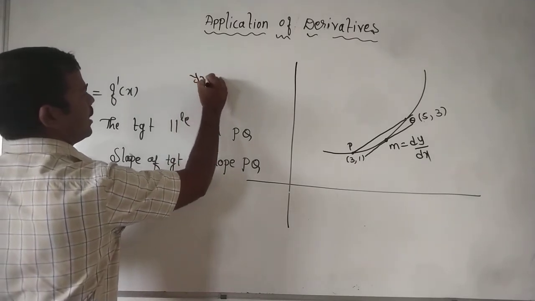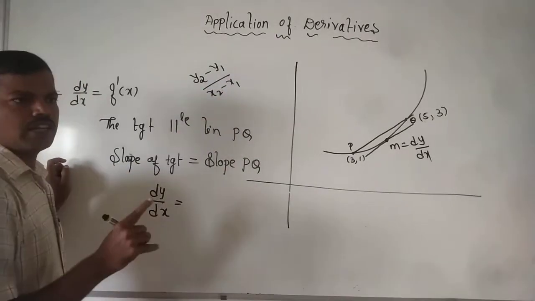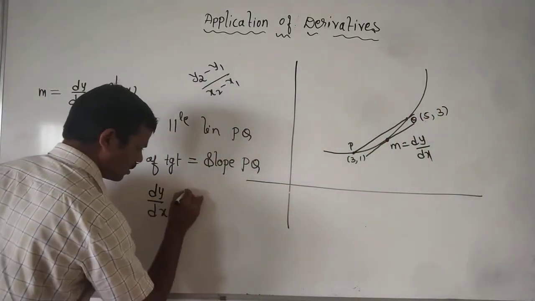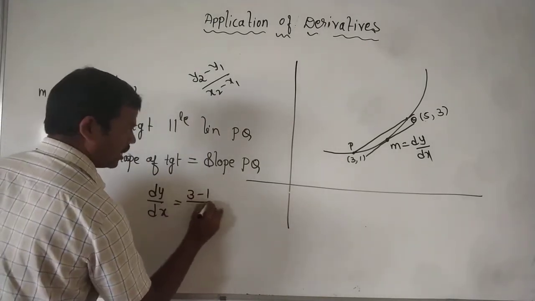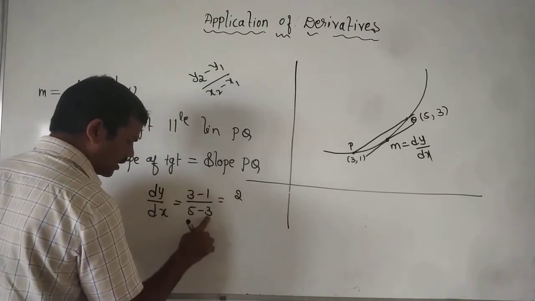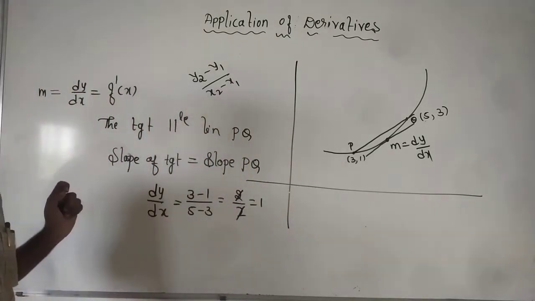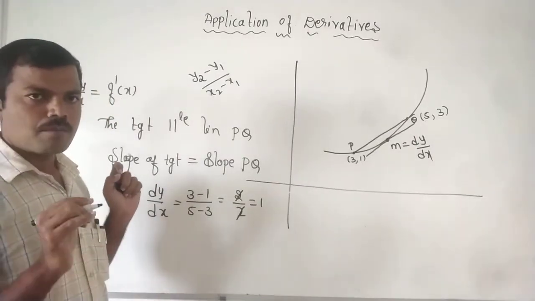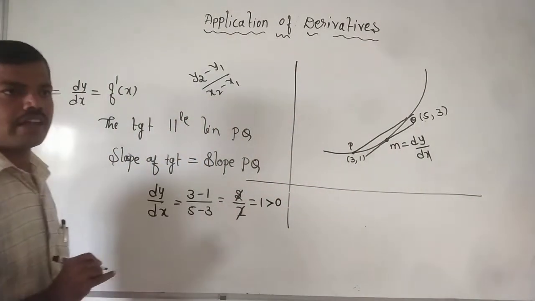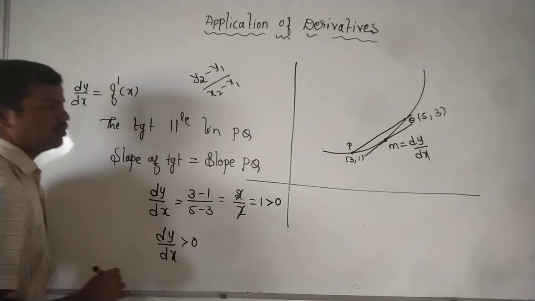The slope of the line is y2 minus y1 divided by x2 minus x1, the slope of the line joining the points P and Q. So y2 minus y1 is 3 minus 1, divided by 5 minus 3. 3 minus 1 is 2, and 5 minus 3 is 2. 2 divided by 2 is 1. What kind of number is 1? 1 is a positive number, which means greater than 0. So dy by dx is greater than 0.